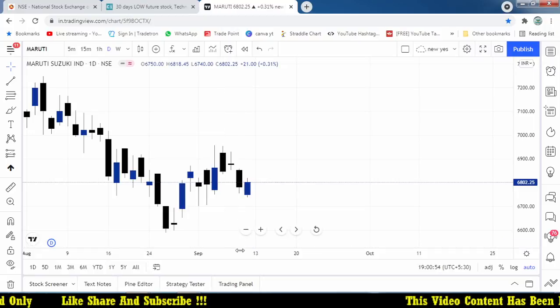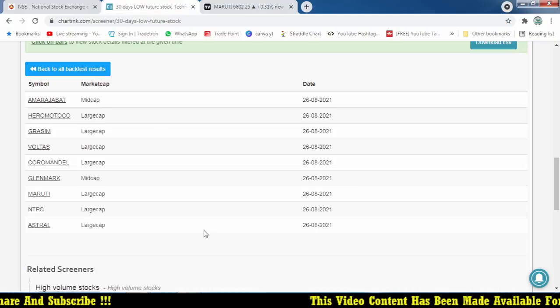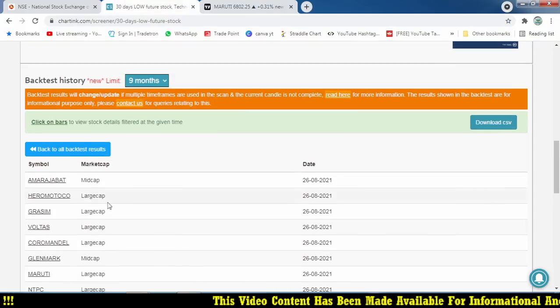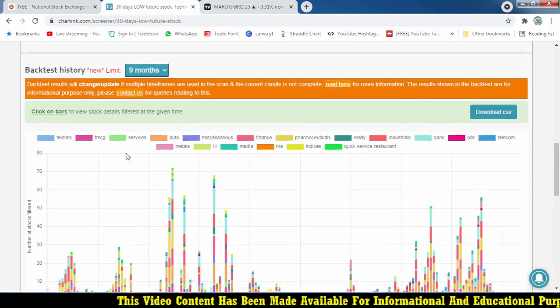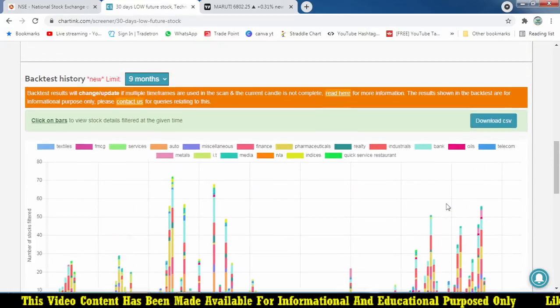Once you understand the risk factor and reward factor, you will easily do the trade with the code I'm giving you. We got a lot of stocks to filter out.